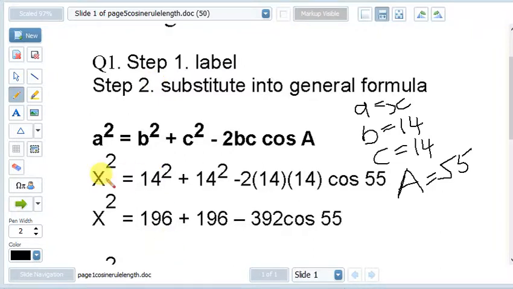So x squared equals 14 squared plus 14 squared minus 2 times 14 times 14, and that's the b and the c, times the cosine of 55. X squared equals 196, which is 14 squared, plus 196, minus 392 cosine of 55.